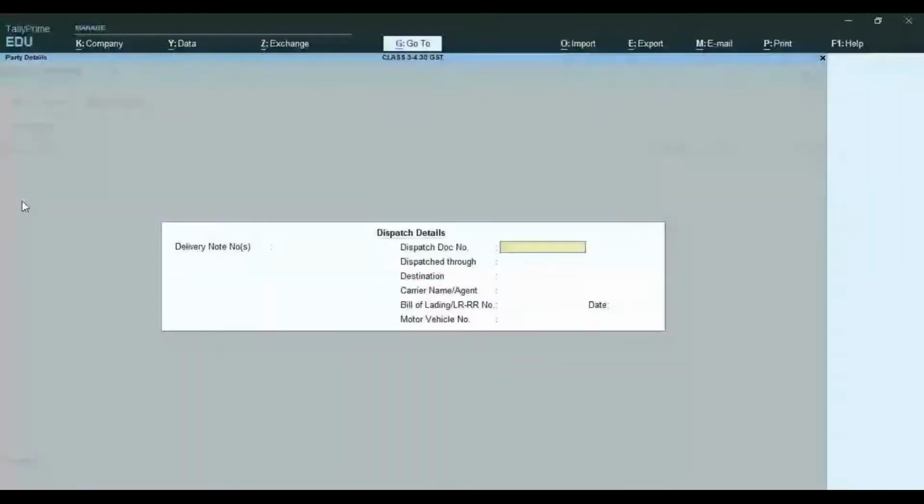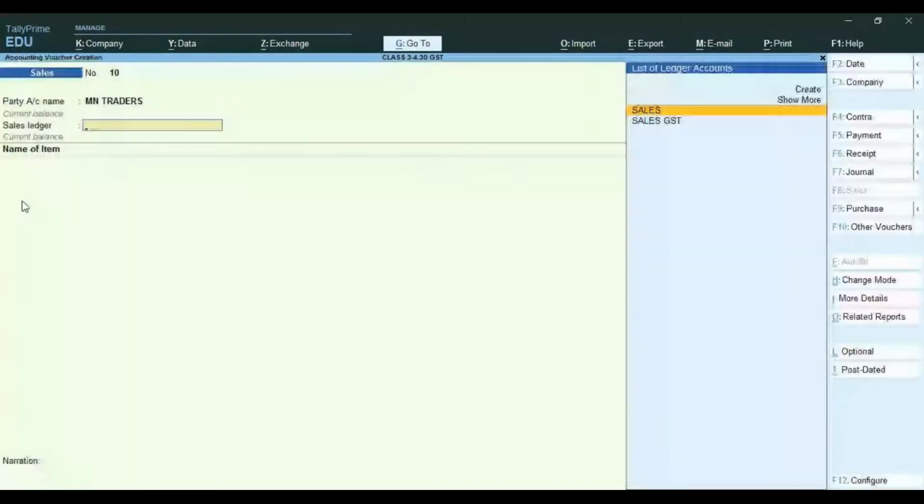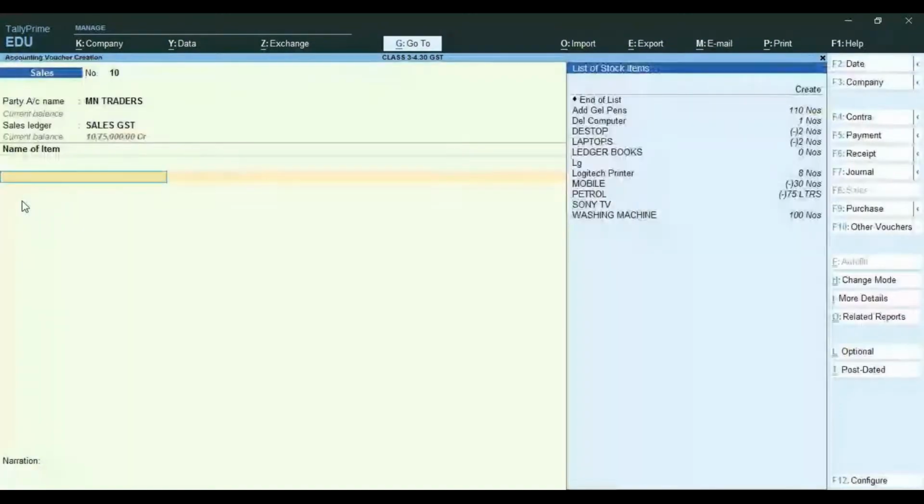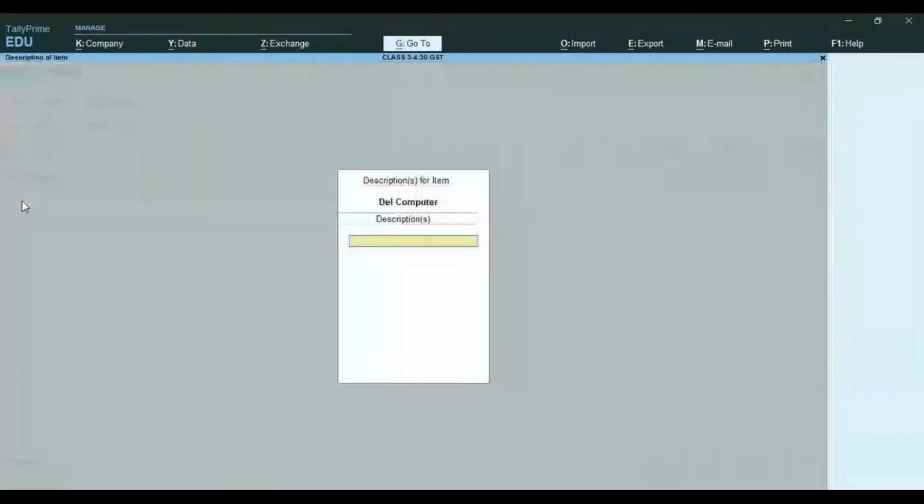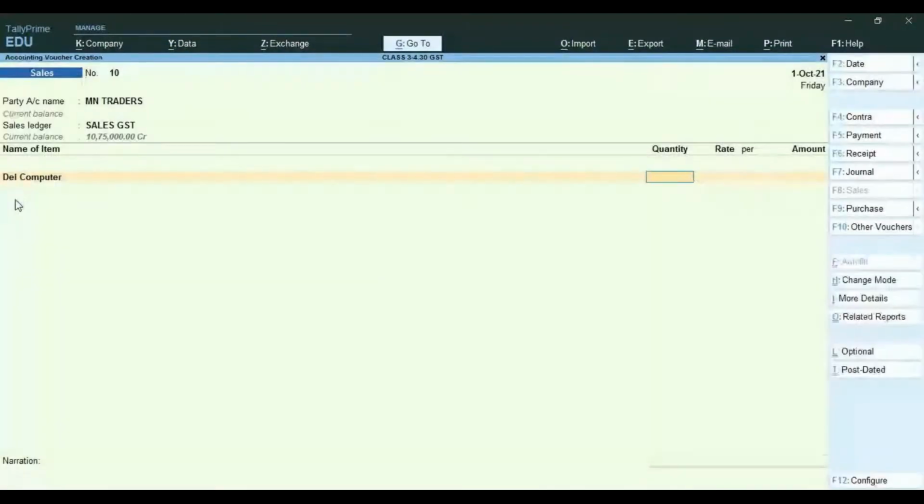I will take computers. Okay. So what you need to do is you need to change in the configurations.